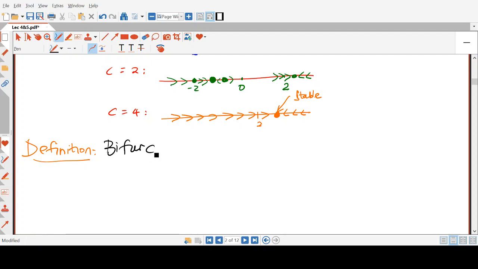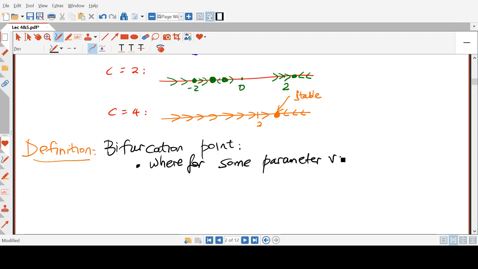Bifurcation point, where for some parameter values like c equals to something, the fixed point disappears, or reappears, or appears. Some parameter values cause a fixed point to go away and come back.